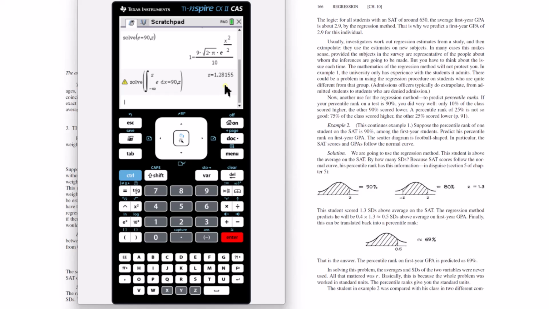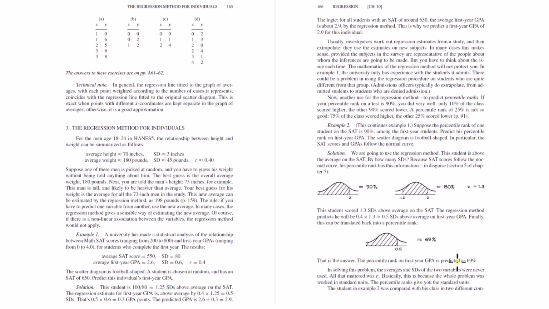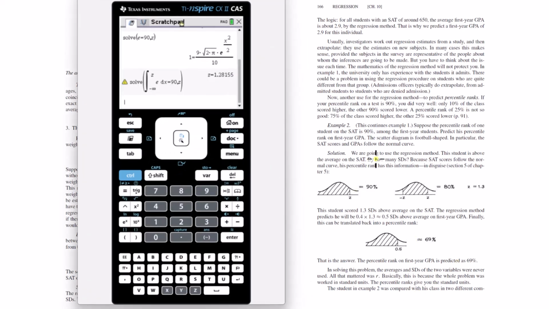So, okay, if the correlation coefficient between the SAT scores and the first year GPA was, what was it? About 0.4. So what would we estimate this student's GPA to be? Well, it's this 1.28 standard deviations in the y direction, right? But times 0.4.